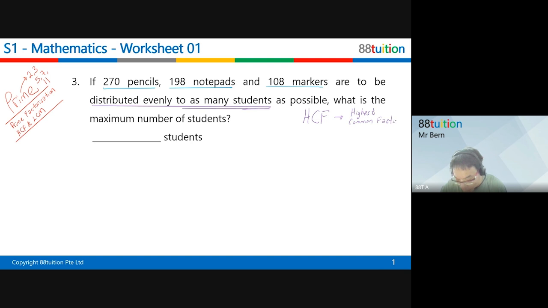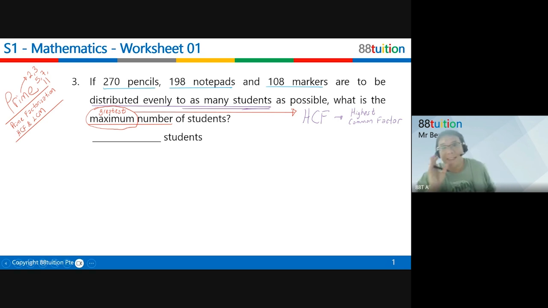How do I know? You have to look at some of the clues. Down here, they will usually ask you to find the greatest number, the greatest, the maximum. Every time you see these words, greatest, maximum, it actually means HCF.